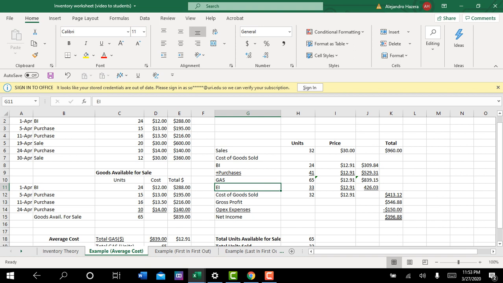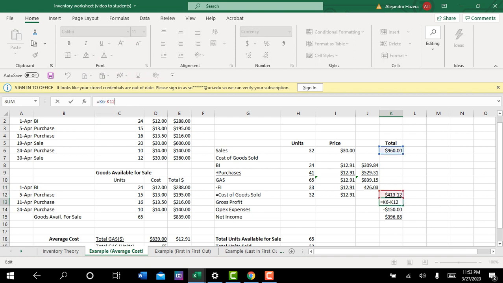And that's going to give you your cost of goods sold of $413. And then if you take your cost of goods sold, which is what you did sell, and subtract it from the $960, that gives you a gross profit of $546.88, and your net income is just the difference in those numbers right there. Now I put a negative sign in there, but that's your net income right there.